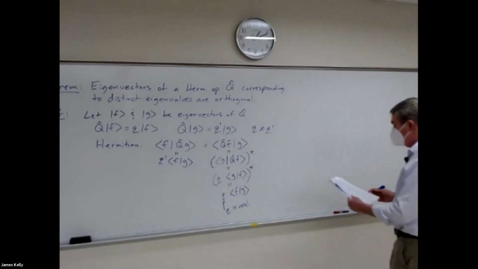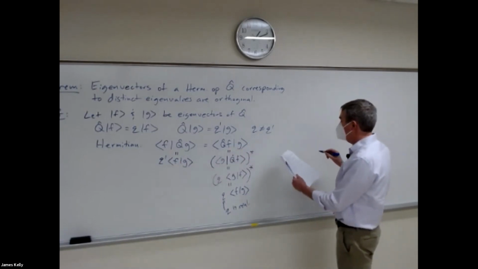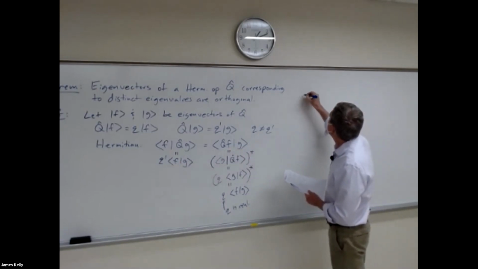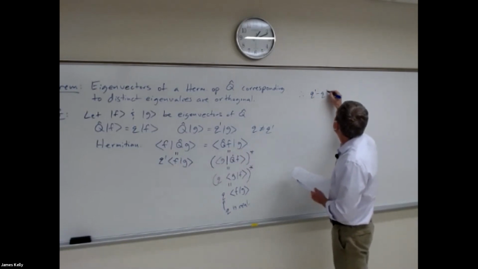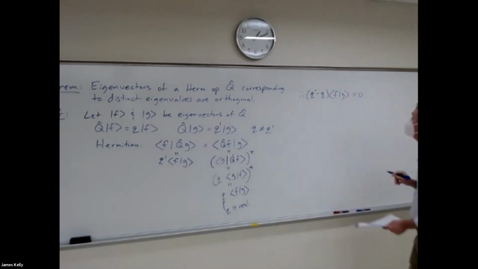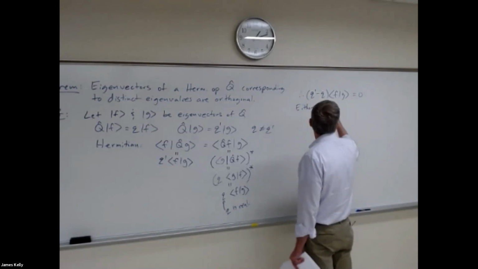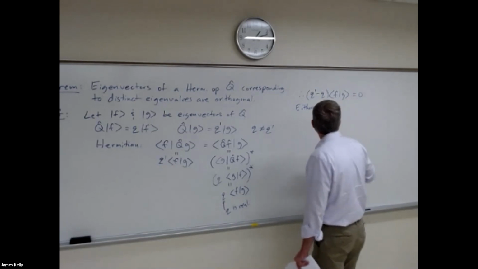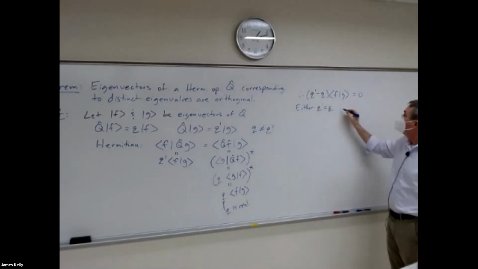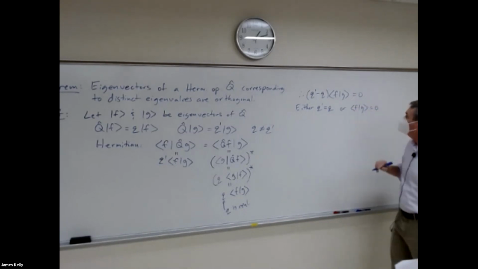Okay, and again, we're going to set this equal to this, put everything on one side, and that says that therefore q prime minus q times the inner product of F with G is 0. And either the first one is 0, either q prime is equal to q, that would be what makes this 0, or the inner product of F with G is equal to 0.